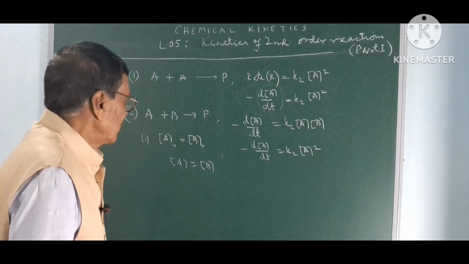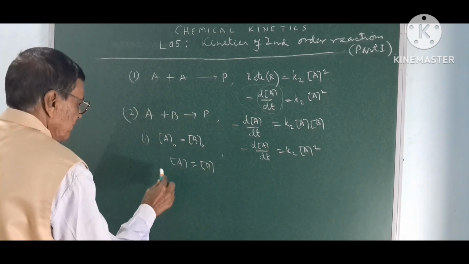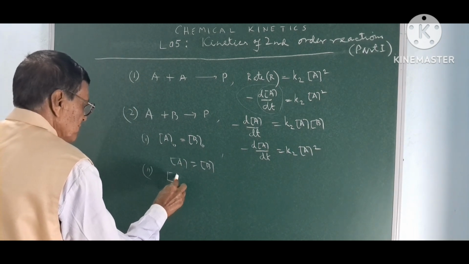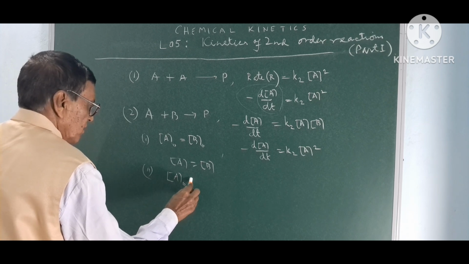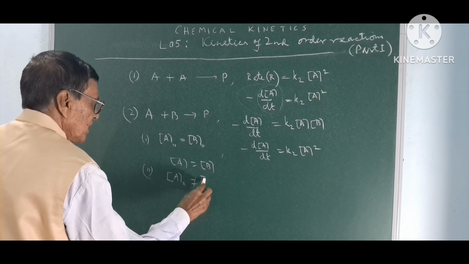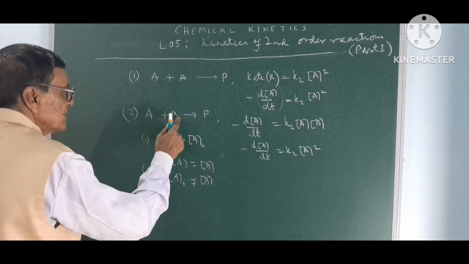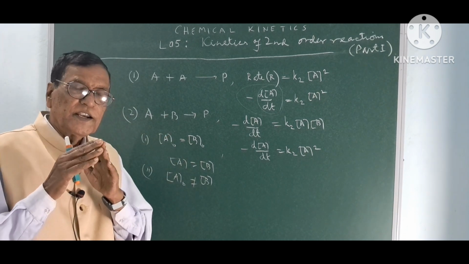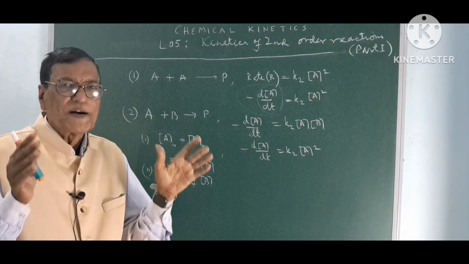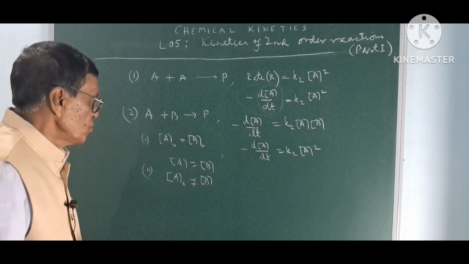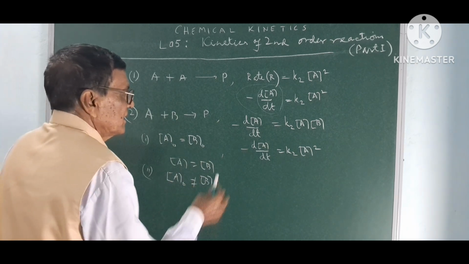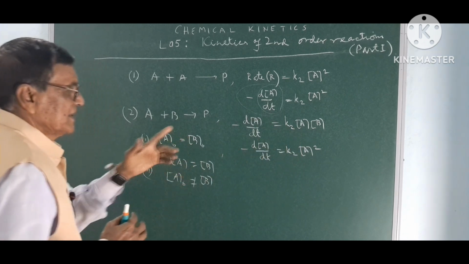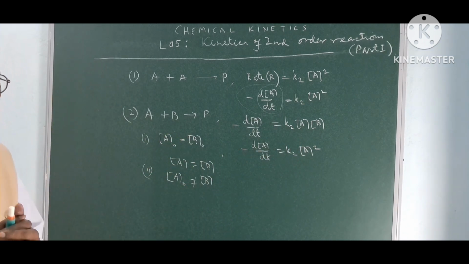If the concentration of A naught is not equal to the concentration of B naught, meaning two different reactants having different concentrations, where the square bracket indicates the concentration in moles per liter, then this will be the rate equation, and in this case the treatment will be different.